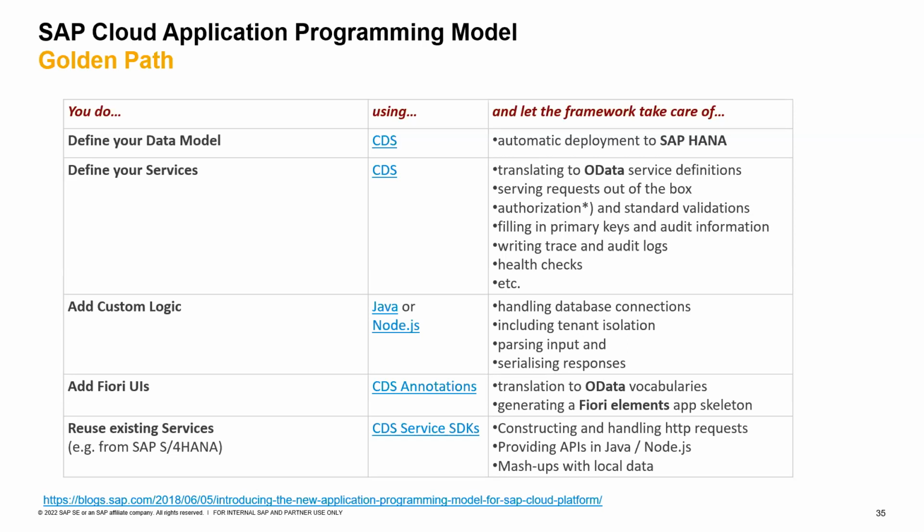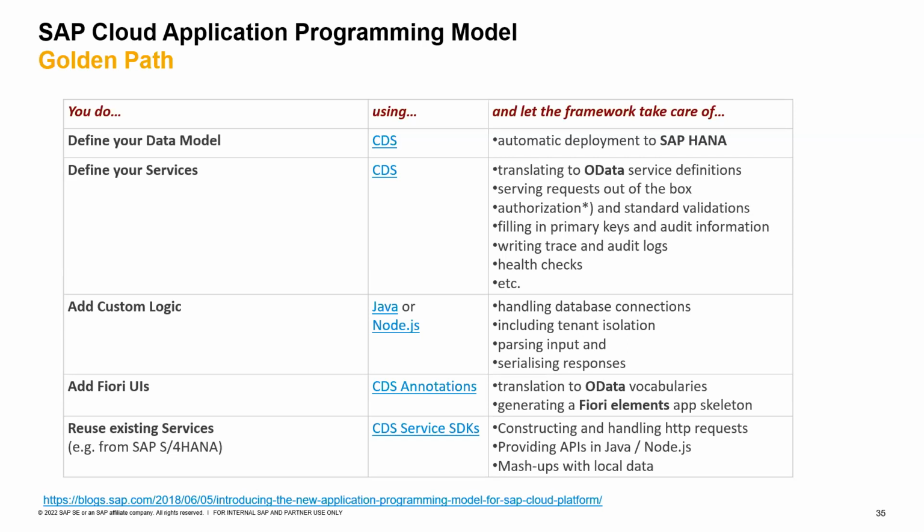Then you can add custom logic using Java or Node.js, and the framework will again take care of the handling of database connections, tenant isolation, parsing the input, serializing the responses. And then you can add Fiori user interfaces using CDS annotations and the translation to OData vocabularies, generating the Fiori elements app skeleton will be again taken care by the framework.